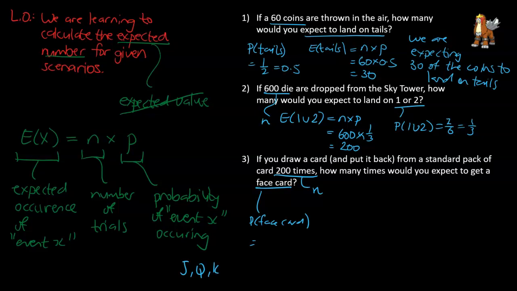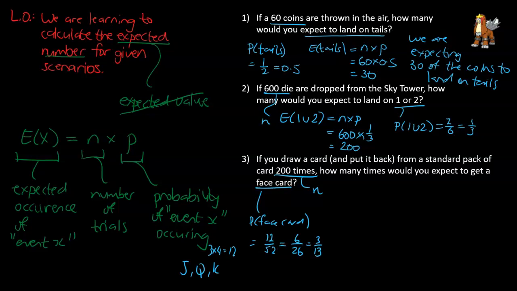And there's 4 of each, so that's going to be 3 times 4, which is equal to 12. So that means 12 of the 52 cards in a pack of cards will be these face cards. And if we simplify that a little bit more, that's going to be 6 over 26, which is going to be 3 over 13. So I've got my probability now.